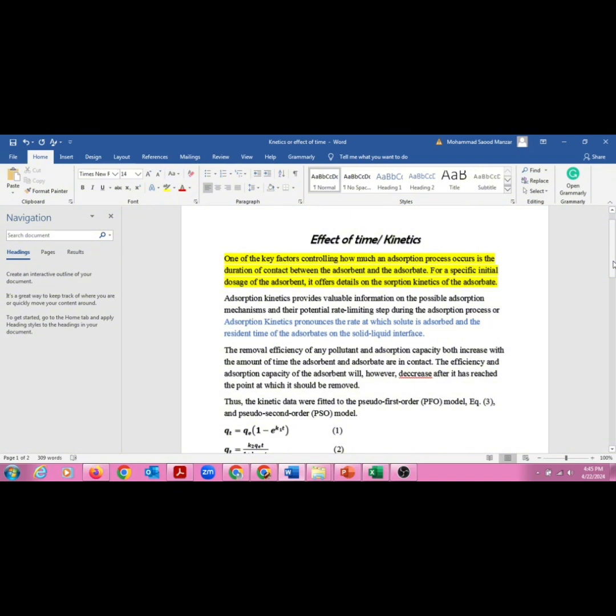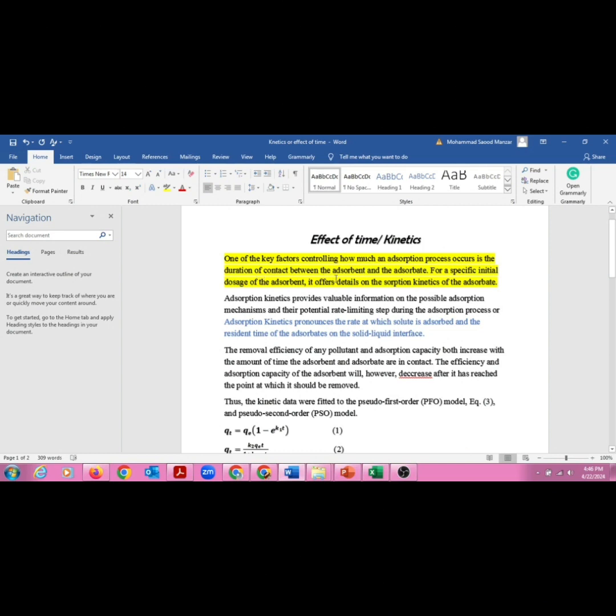we can discuss some important points. The key factor that controls the adsorption process is the duration of contact between the adsorbent and adsorbate. The adsorbent here was raw pozzolana, or volcanic ash, and the pollutant was methylene blue, for a specific initial dosage, which was around 15 milligram.